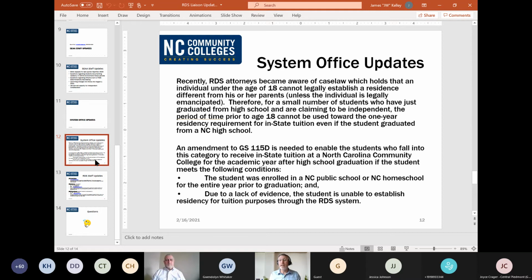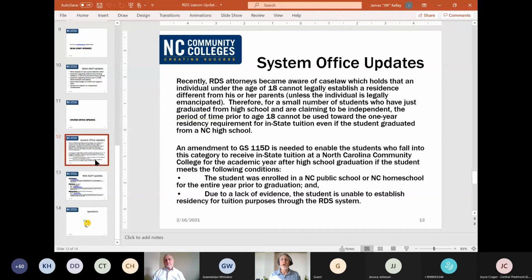That's the layman's way that I interpret that. So once you turn 18, then that 12-month clock can begin ticking, which means that in the year you're 18 you could not establish residency, because you could not even be considered independent, because a minor by definition cannot be independent. That's the predicament we found ourselves in.